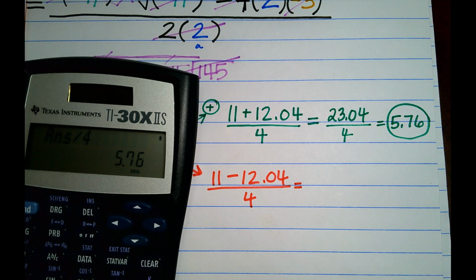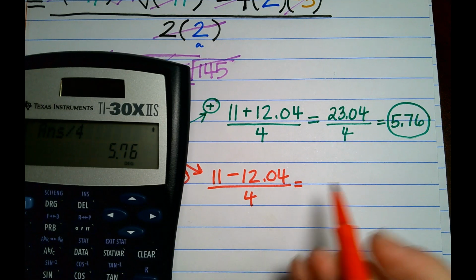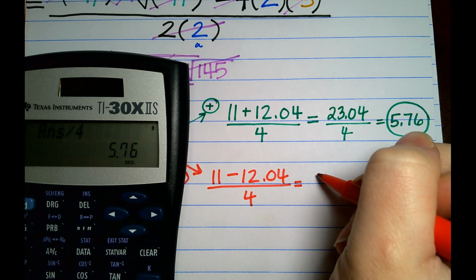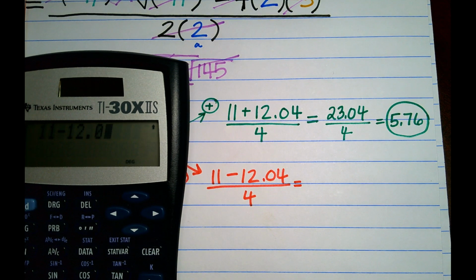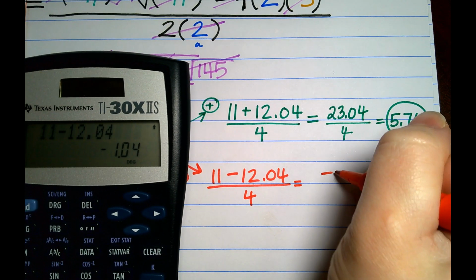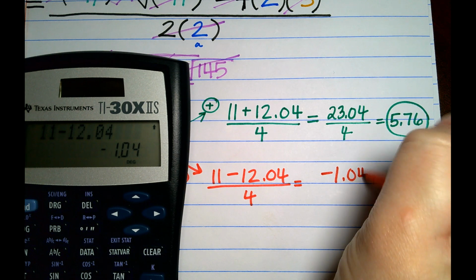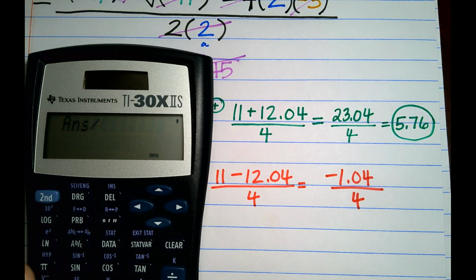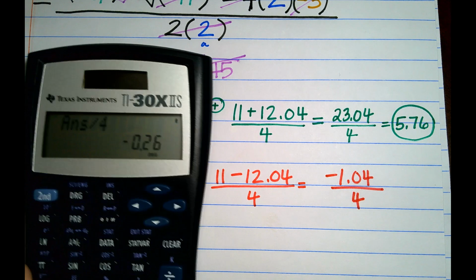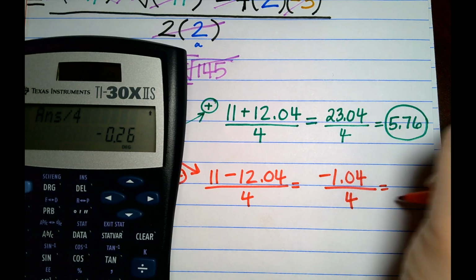Sweet. Okay, last one. 11 minus 12.04. What does that give us? Negative 1.04. Perfect. Still divide by 4. Negative 0.26. Perfect.